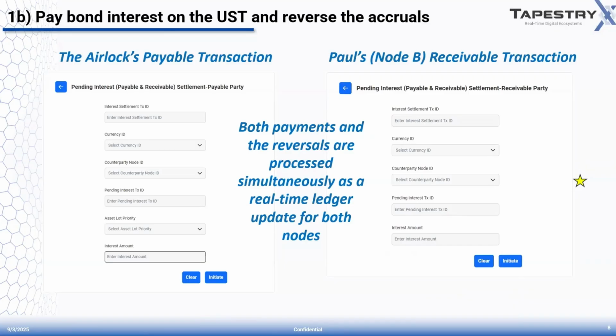And what we're just showing you here is a snapshot of the screens where we can manually input, but effectively these screens represent the API payloads that you need to send from your system to actually settle an interest payable reversal and settlement. So we've got the fields here representing who the counterparty node is, the transactions, the amount, and the priority in terms of asset lots where it's going to be transacted.